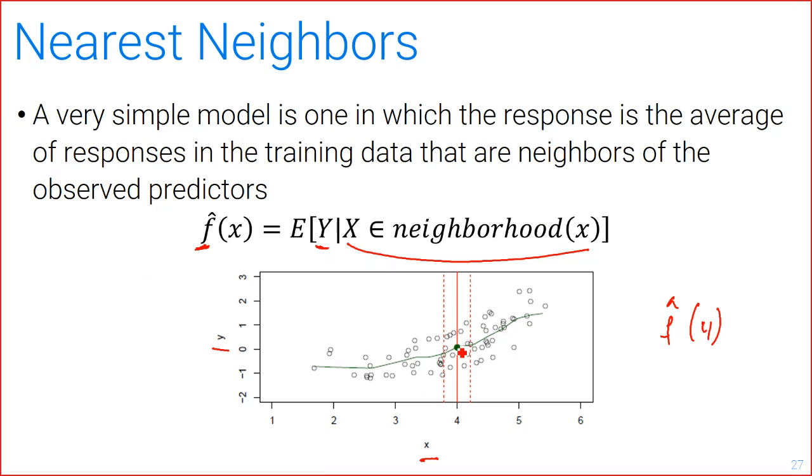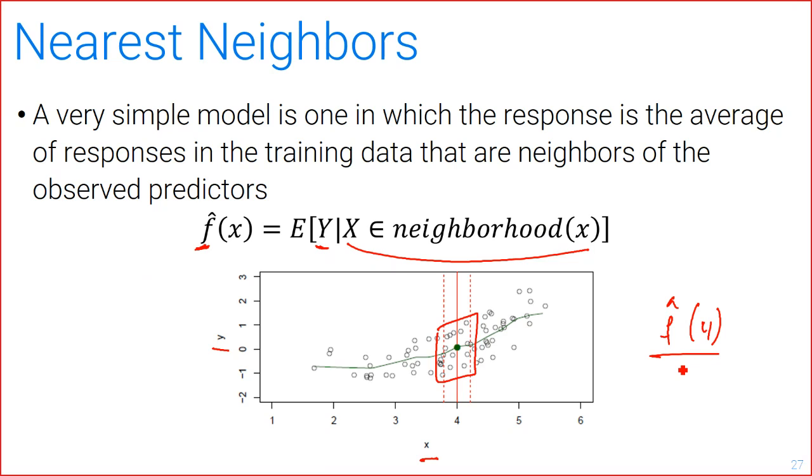Then what we do is determine what is the neighborhood of the point. So what are the observations that are around this neighborhood? And let's say we say it's those observations in there. Then we get all of those in the training data, compute the mean response for those observations, and that would be our output.